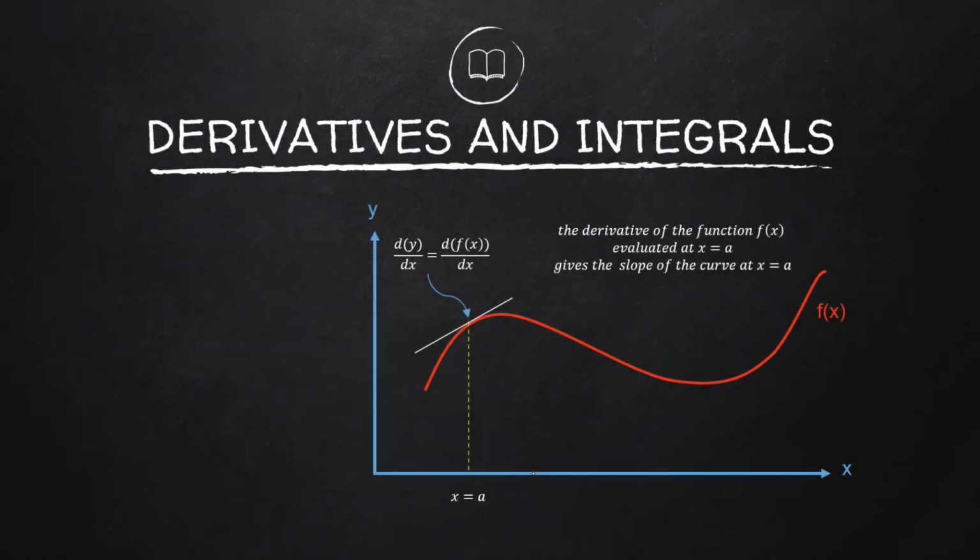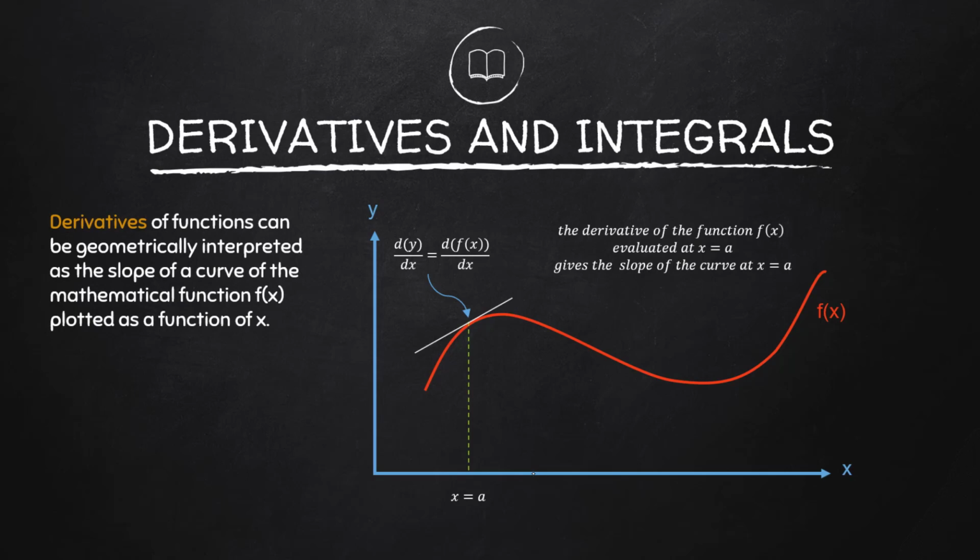So, derivatives and integrals. Derivatives of functions can be geometrically interpreted as the slope of a curve of the mathematical function f of x plotted as a function of x. So we have here your curve defined by the function f of x, and if you are curious about the slope of that specific curve at the specific point x is equal to a, we are going to find the derivative of y with respect to x at that point.